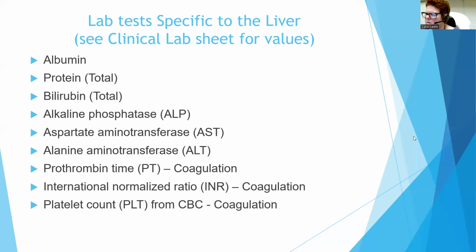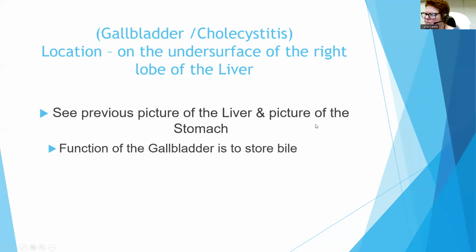There we go. So the next organ I'm going to talk about is the gallbladder with cholecystitis. Before the liver, we're going to talk about hepatitis, which is the inflammation of the liver, and the viruses that can cause inflammation of the liver.